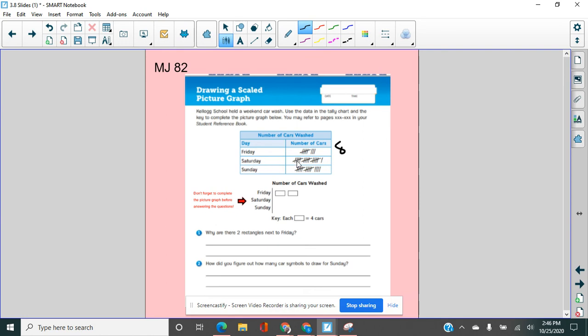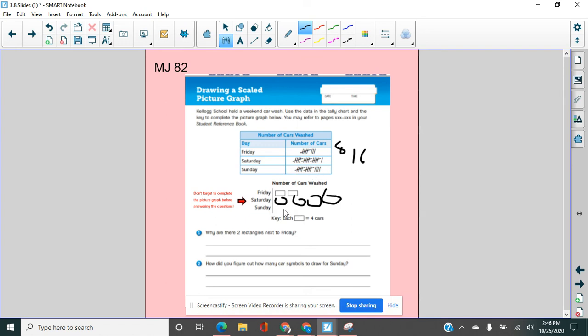For Saturday, let's see, 5, 10, 15, 16. So as I put, 4, 8, 12, 16.